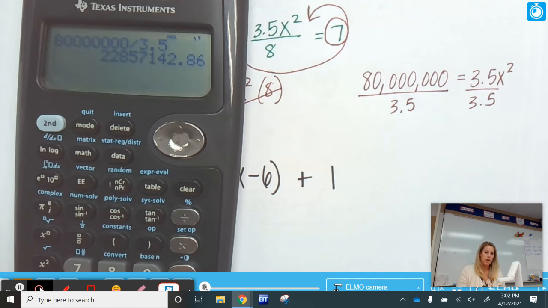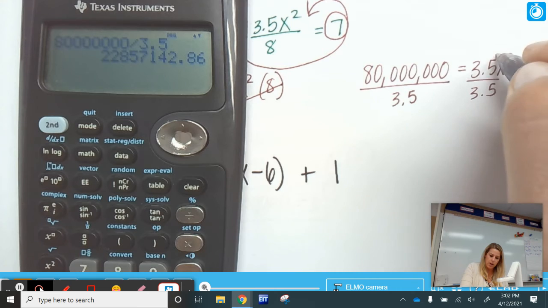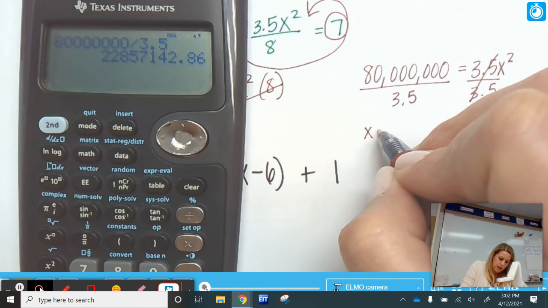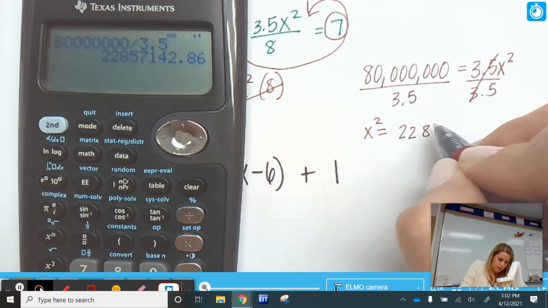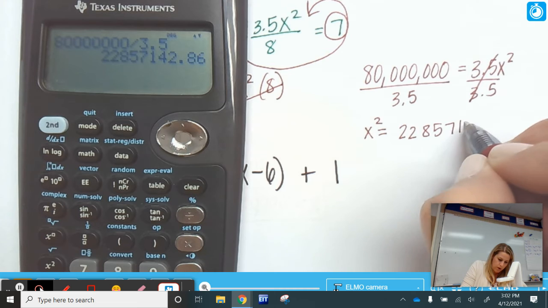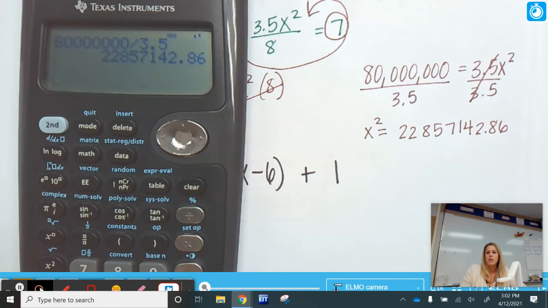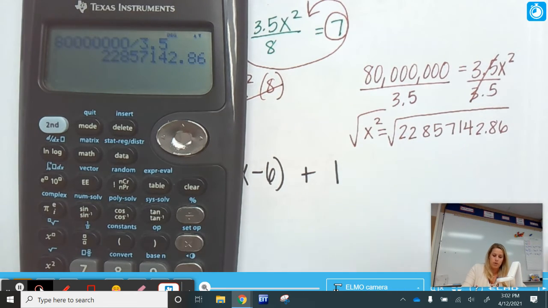So here is the answer that I'm getting so far. So that means this is x squared because I only have x squared on this side. And I'm going to kind of rewrite it just so that I have it this way. So 2, 2, 8, 5, 7, 1, 4, 2.86. And then the last thing I want to do is take the square root of that number.